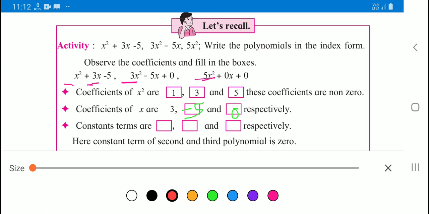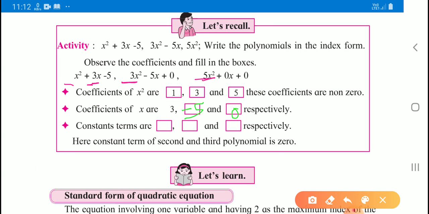Okay, next we will take the constant terms. First constant term is negative 5. In the second equation it is 0 and the third one is also 0. Here the constant term of the second and third polynomial is 0. Okay. This is the activity given in your book.